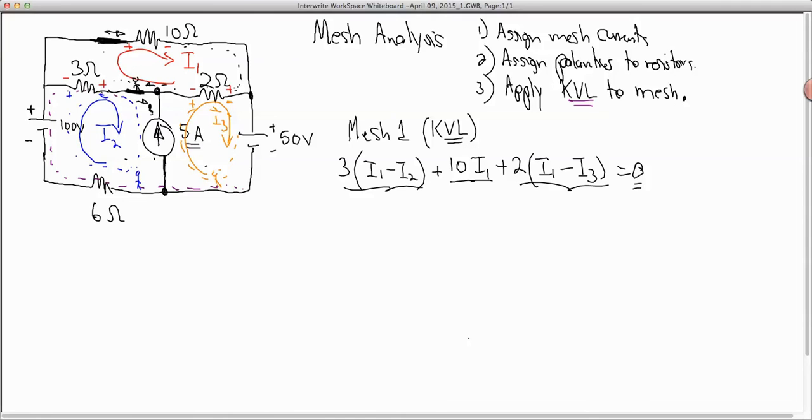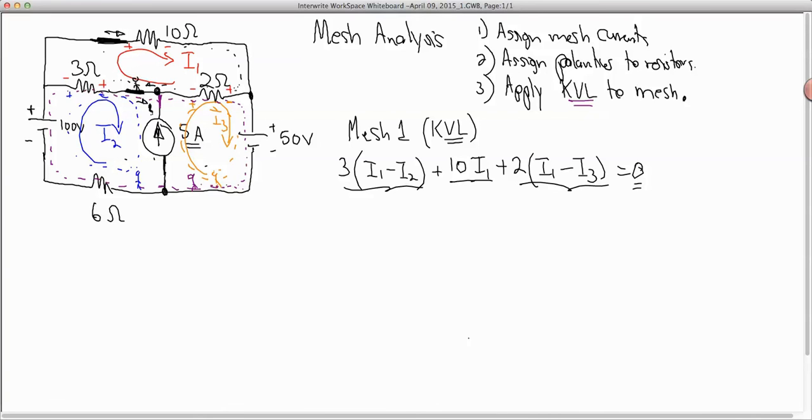Look, I'm using the brown, follow the brown. So I'm gonna start here, walking through the perimeter of this loop, and I'm gonna be back here, but without going through this path. I'm basically avoiding the path of the 5 ampere current source.